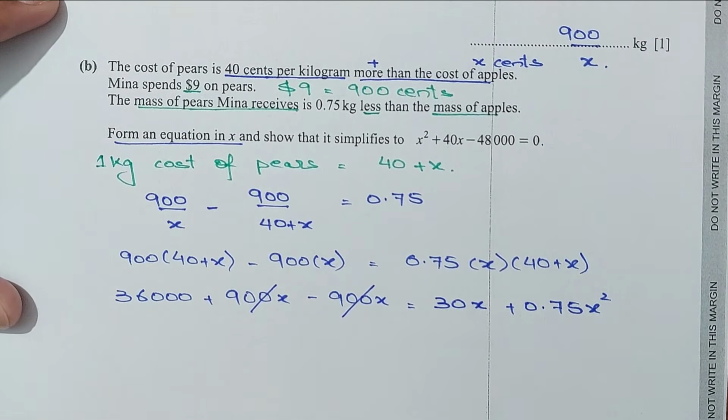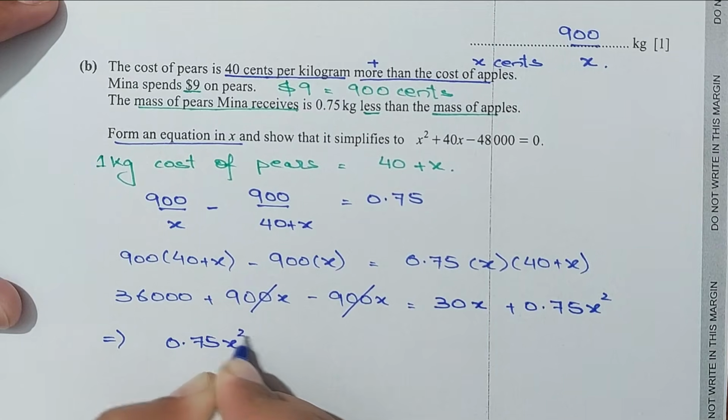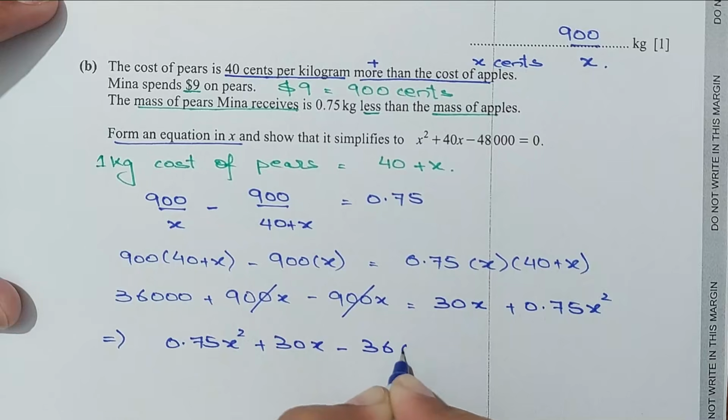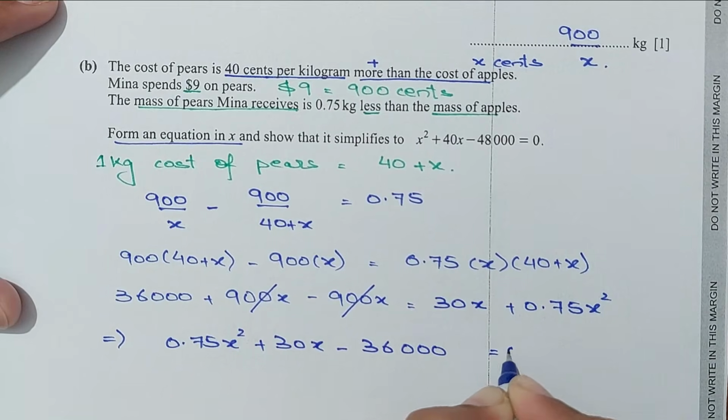Shift this term to the other side. This becomes 0.75x squared plus 30x minus 36,000 equals 0.